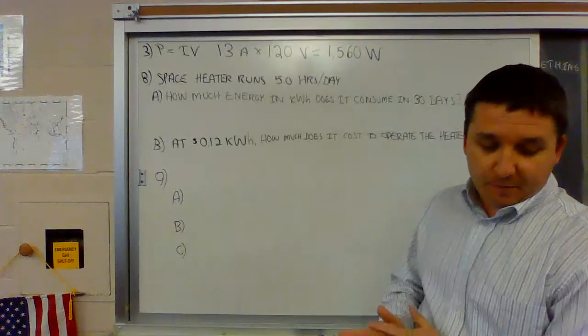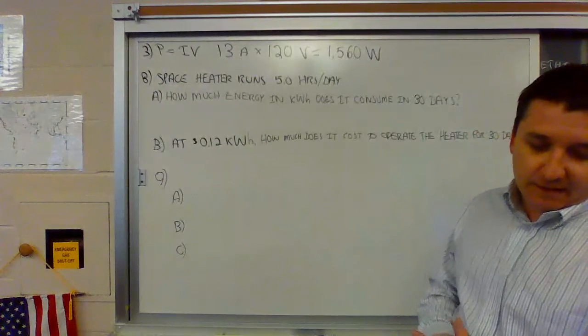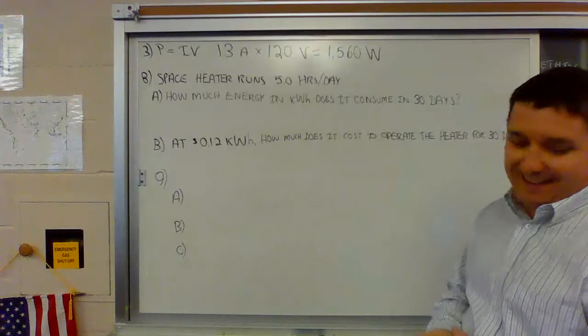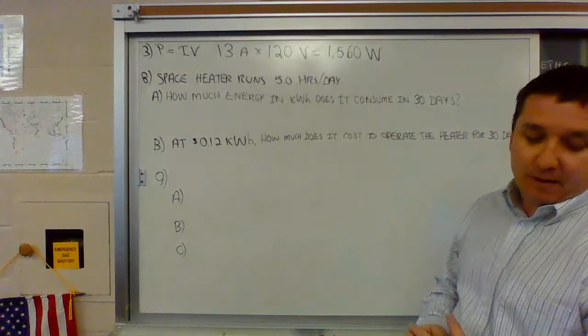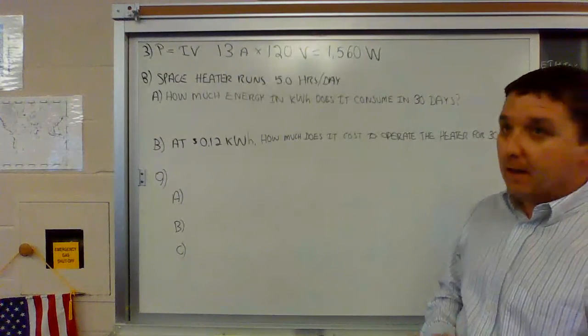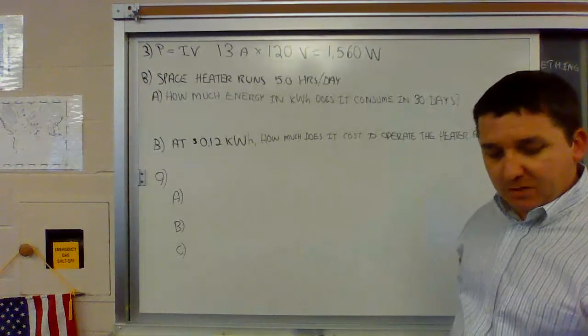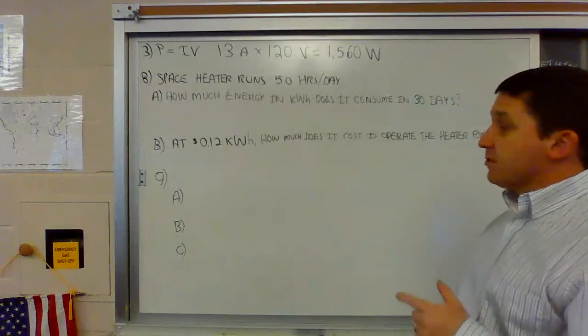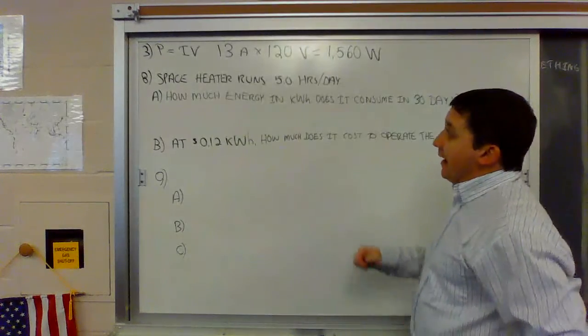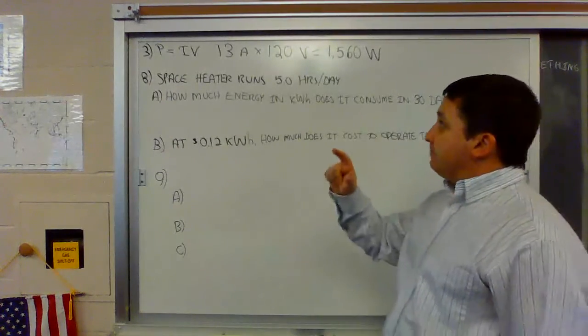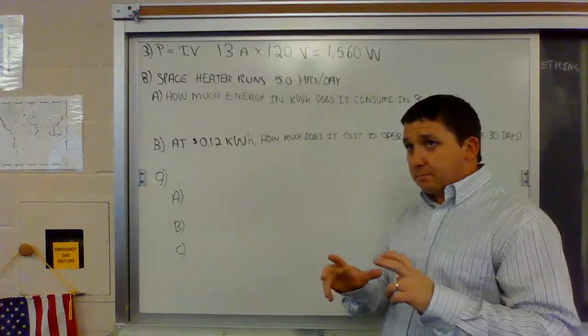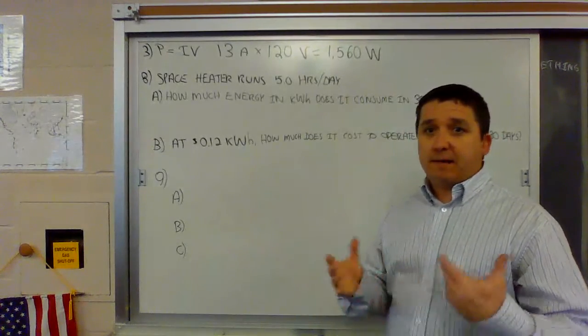Number 8 from the worksheet itself says the electric space heater in problem 3 runs for 5 hours a day. So you need to know how much power is used in running that space heater. So that's why number 3 is up here. Now, if you look at number 3 for a second, it says nothing about the resistor dissipating any power or energy.